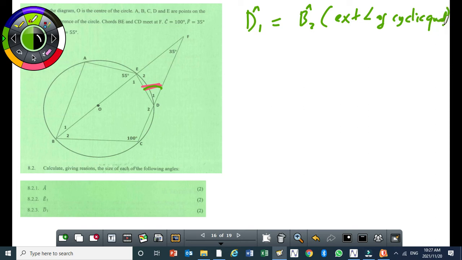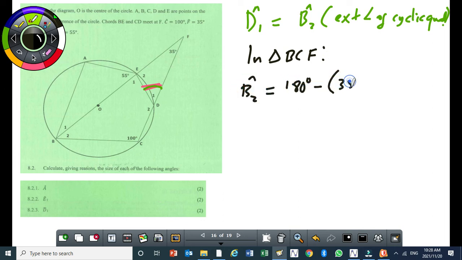Now the question is, what is the size of B2? To get B2, we have got a triangle. I hope you can see triangle BCF. So I can calculate B2 in triangle BCF. B2 is equal to 180 minus 35 degrees plus 100 degrees.